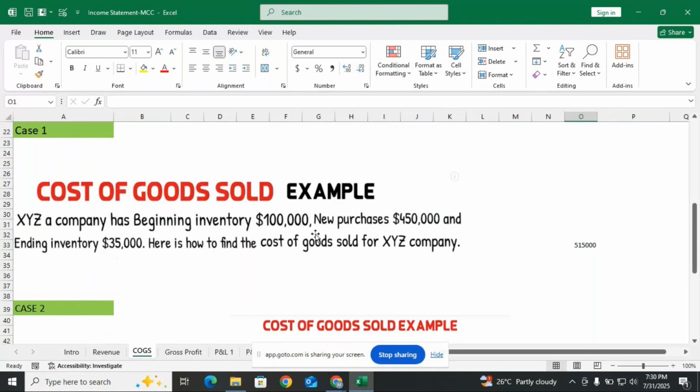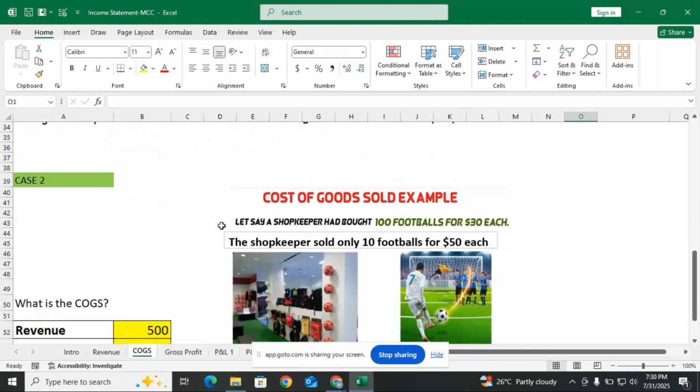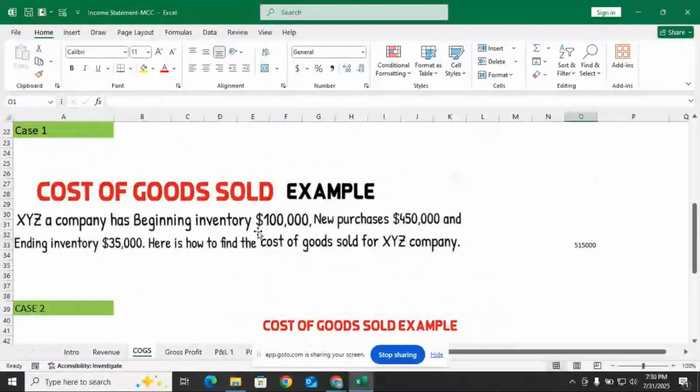Opening stock plus purchases minus closing stock. Yes or no? So it should be 1 lakh plus 4 lakh 50, which is 5 lakh 50, minus 35,000. So you get the answer as 5 lakh 15,000. 1 lakh plus 4 lakh 50 minus 35,000 is nothing but 5 lakh 15,000 as COGS.